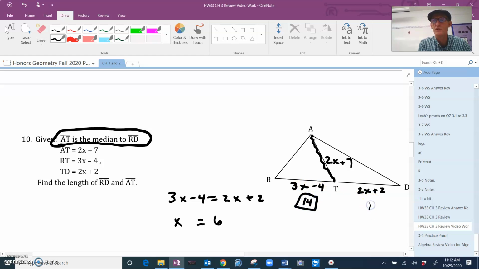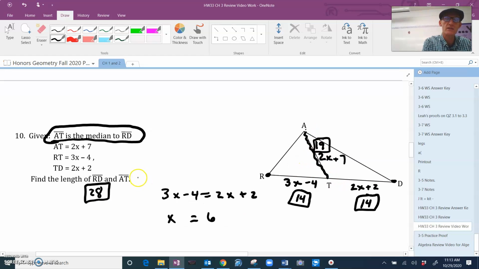Now this is also 14, because they're both congruent. 2 times 6 is 12, plus 7 is 19. So RD is from here to here, which is 28, and AT is this segment, which is 19.